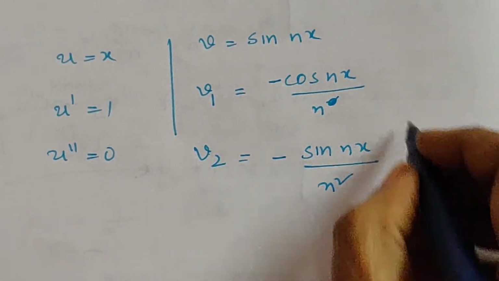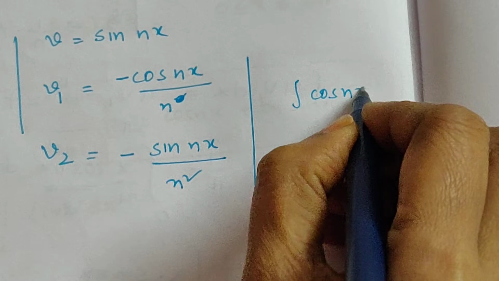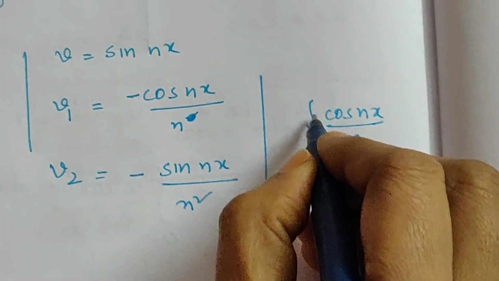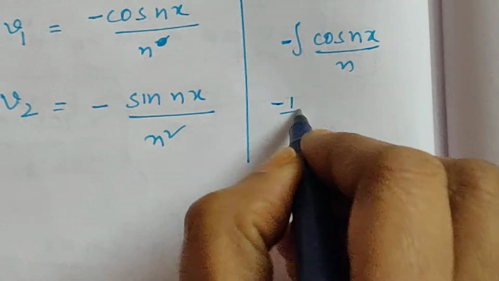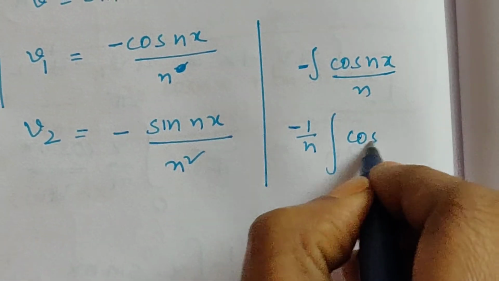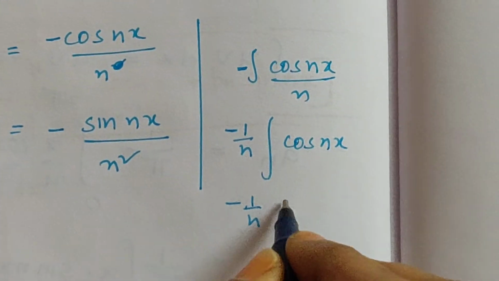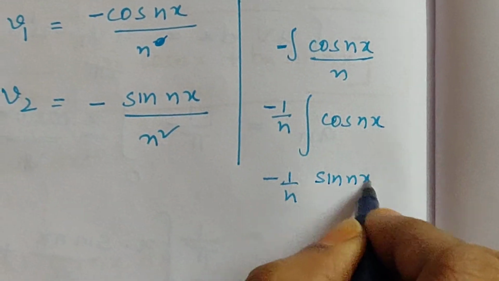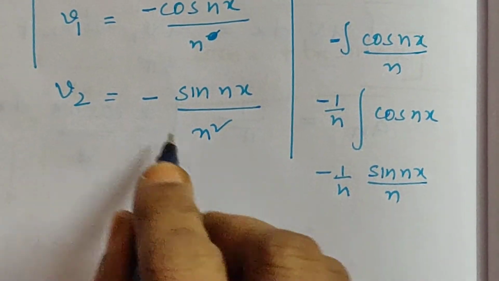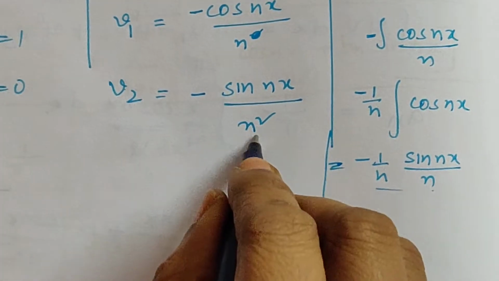So observe clearly: the integral of cos nx by n, here with the minus sign, is minus 1/n integral of cos nx. The integration of cos is sin nx by n, so we will get minus 1/n² sin nx.